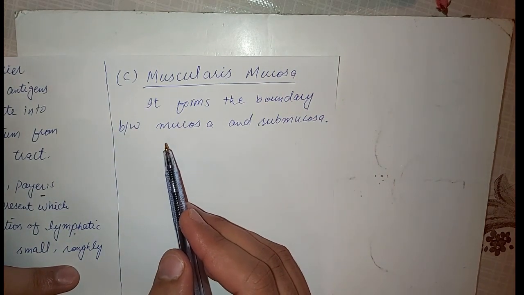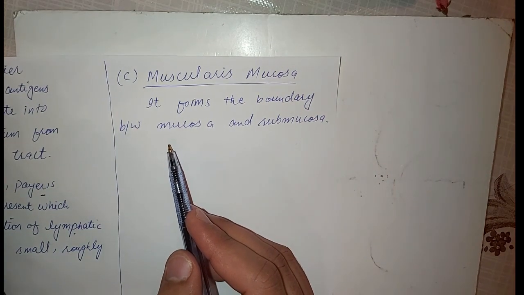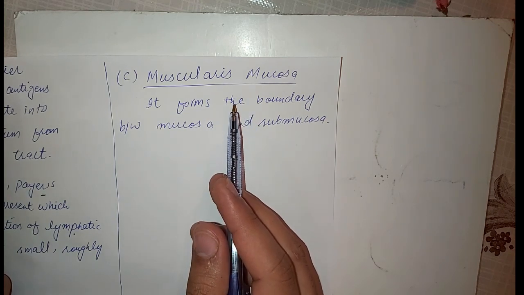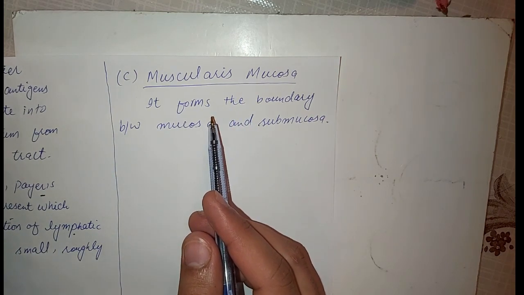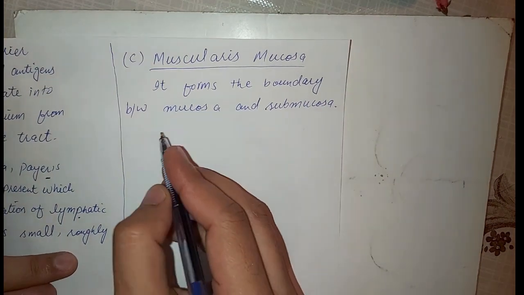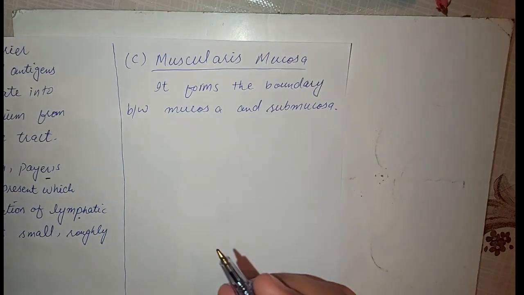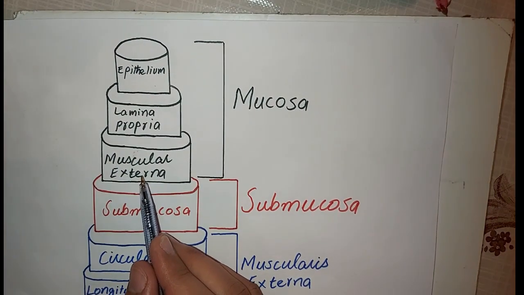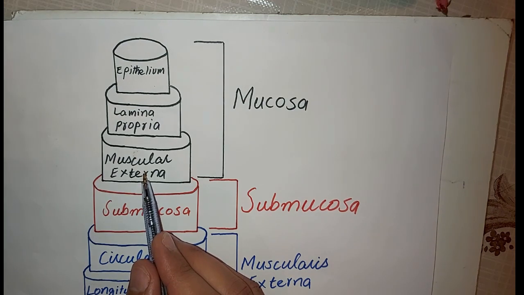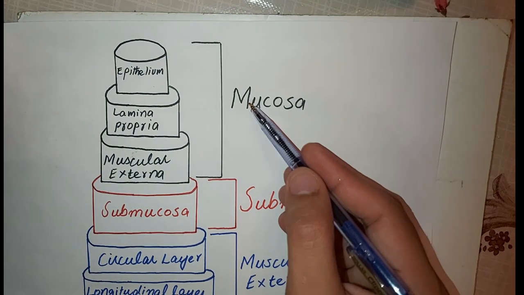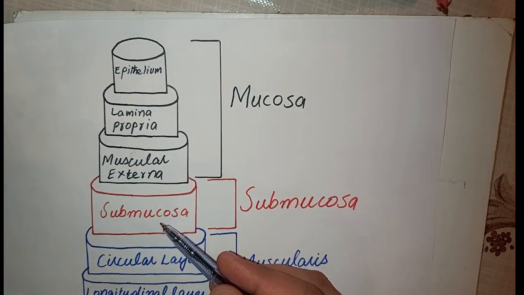In another way, we can say that muscularis mucosa is present beneath the lamina propria, and in the diagram we can see that it forms the boundary between the mucosa and the submucosa.